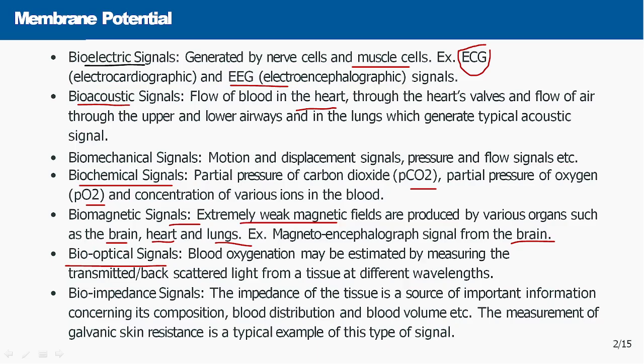So, these are called biooptical signals. Similarly, bioimpedance signals. You know that impedance provides resistance when current is passing. The impedance of the tissue differs depending upon the composition, blood distribution, and blood volume at different parts of our body. So, that can be one signal. And the measurement of galvanic skin resistance is a typical example of this type of signal.